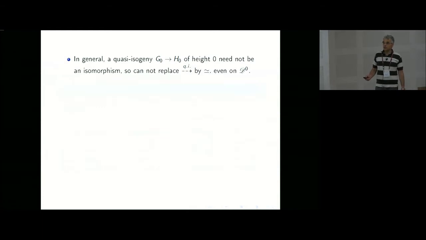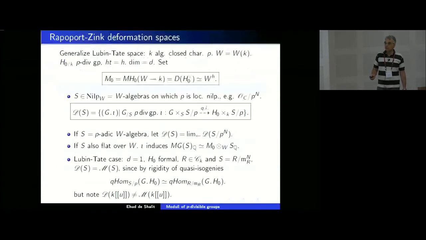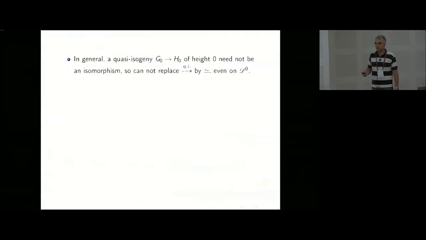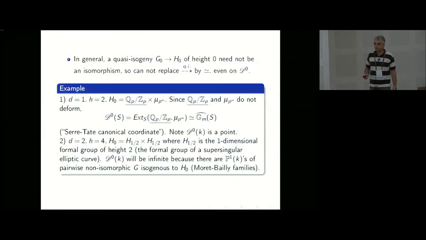I should say that in general, you can take S equals K, and then of course what you get is simply the classification of all the p-divisible groups over K that are quasi-isogenous to H0 up to isomorphism. Okay? So that's included in the special fiber of the deformation problem.